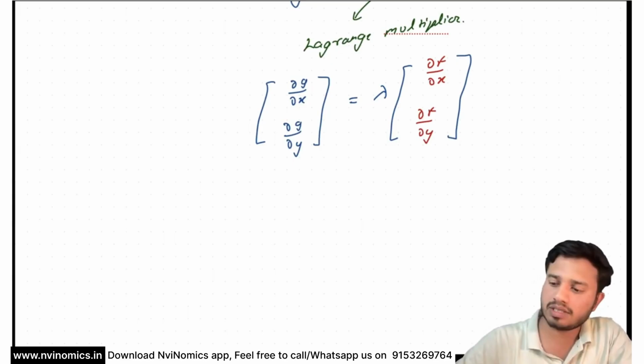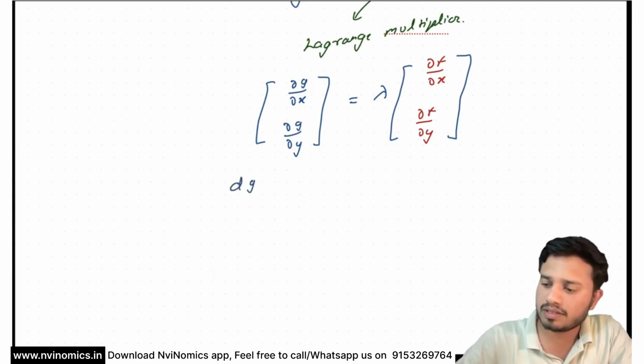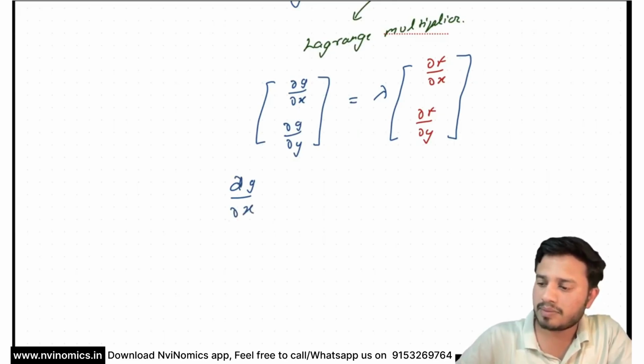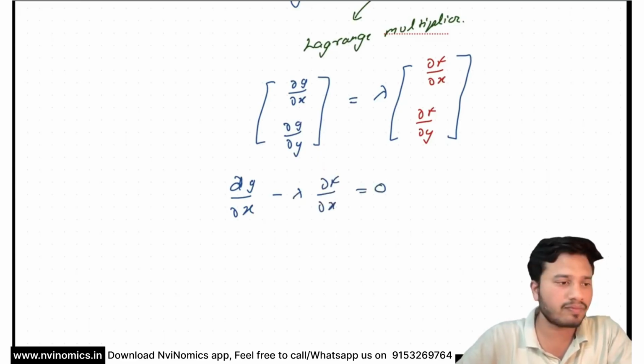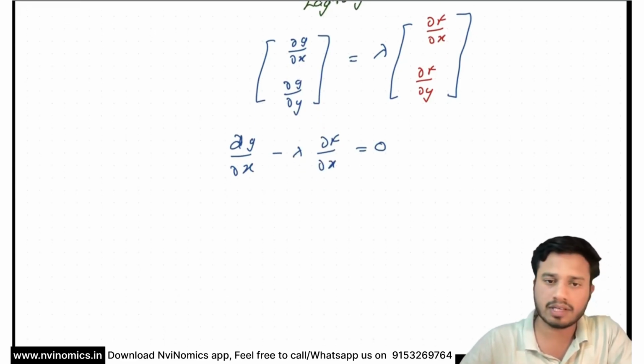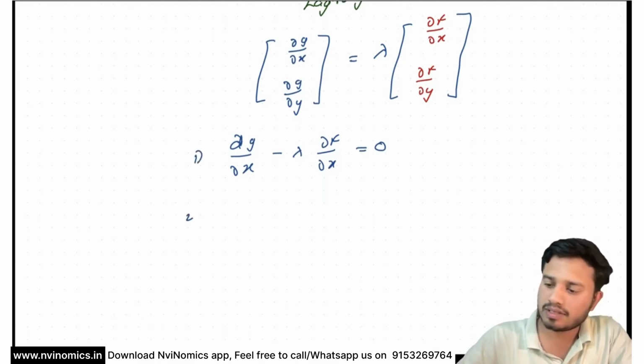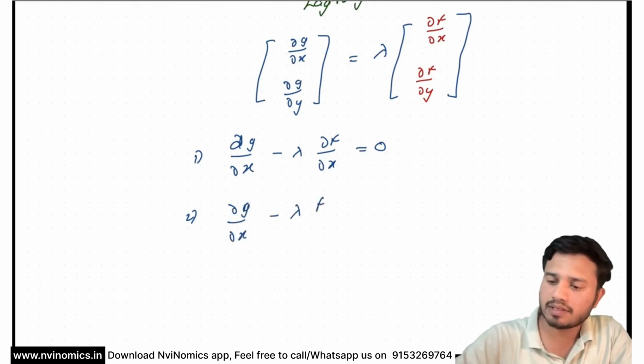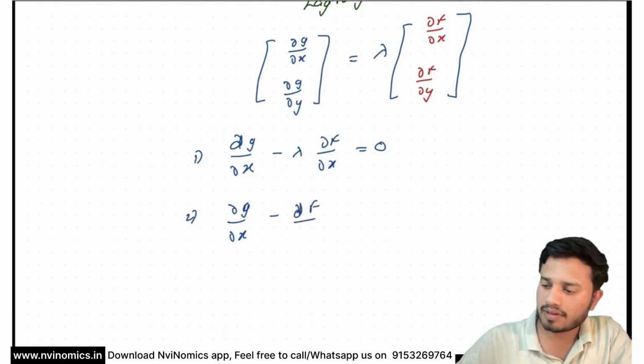So you will get these two equations: del g by del x minus lambda times del f by del x equals 0, and second, del g by del y minus lambda times del f by del y equals 0.